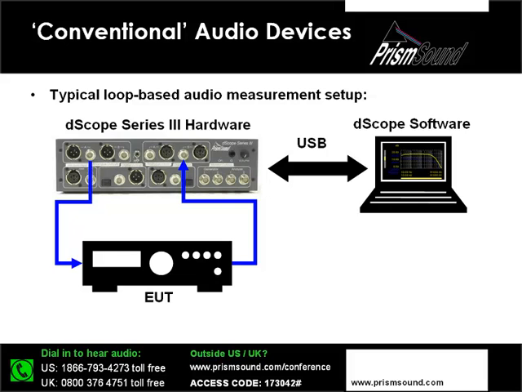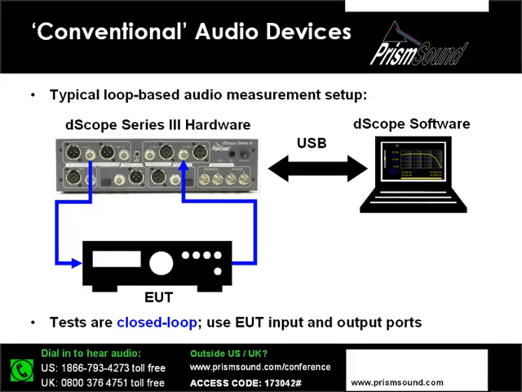This is a simplified schematic here. So this is a loop-based measurement. It's a closed loop where we're involving both the generator and the analyzer of the audio test system. And this is how we would go about measuring, as I say, a conventional audio device.